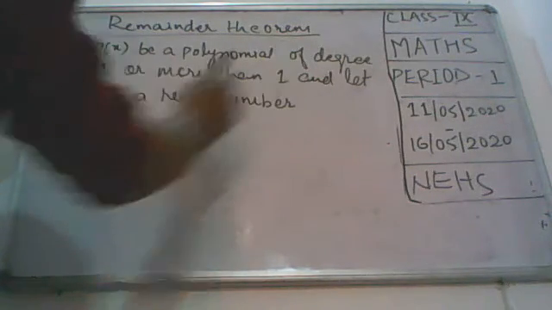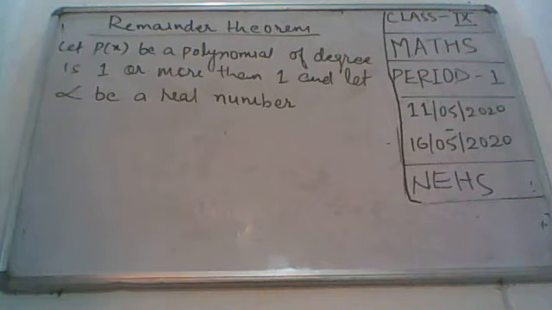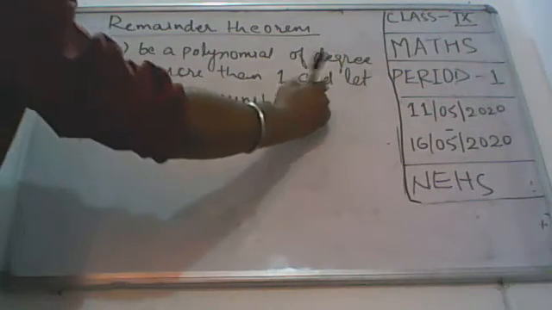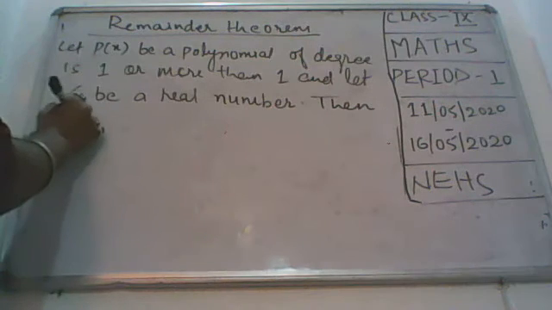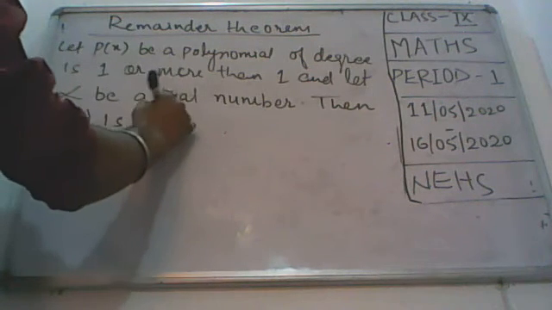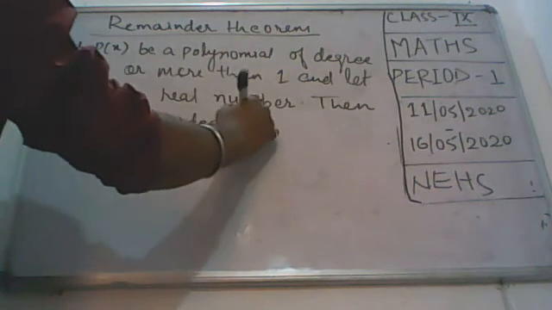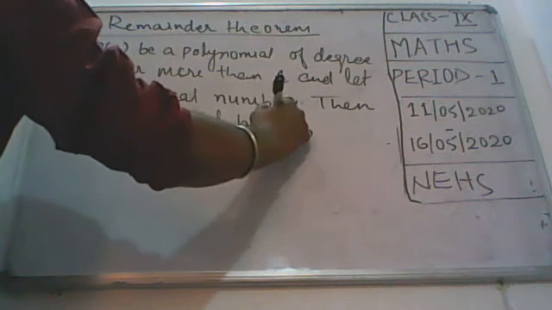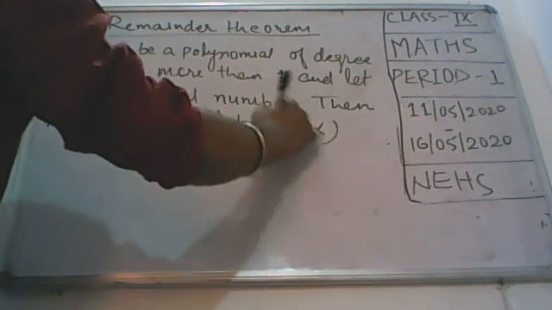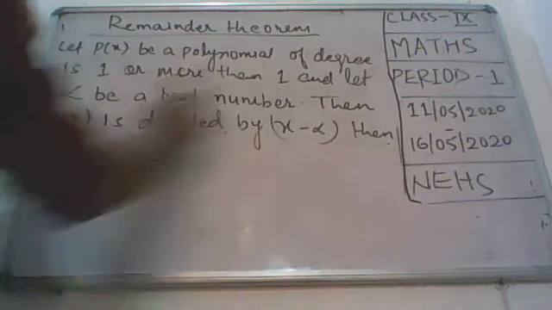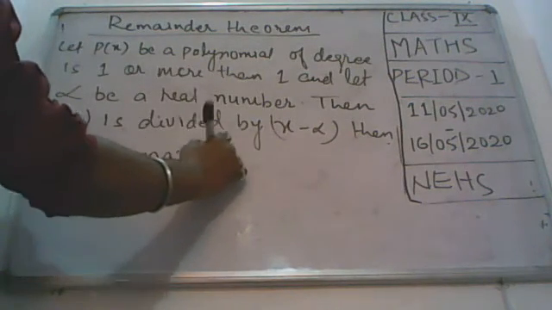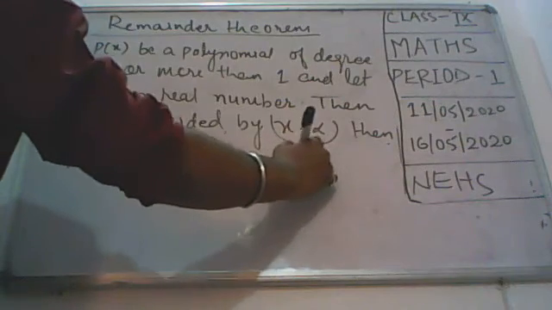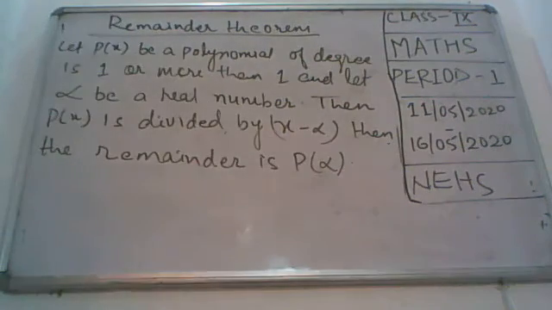Okay, so if these conditions hold, then the polynomial P(x) divided by x minus alpha, the remainder is P(alpha). This is what we have to prove, and this is what we are going to study now.